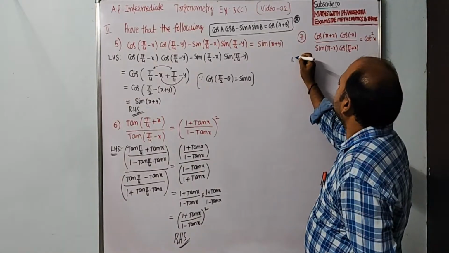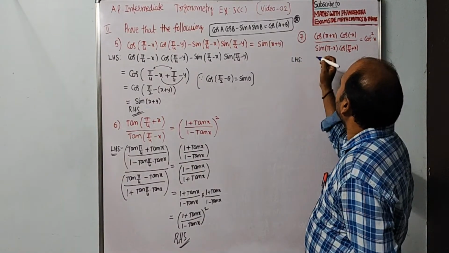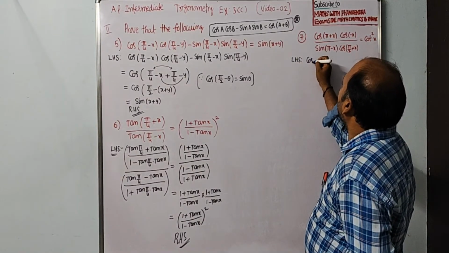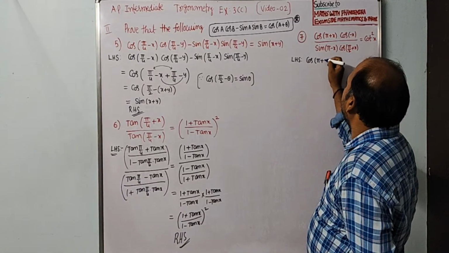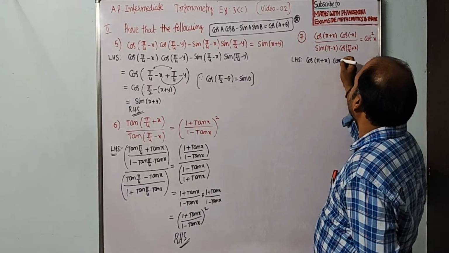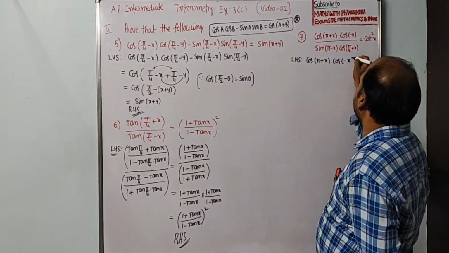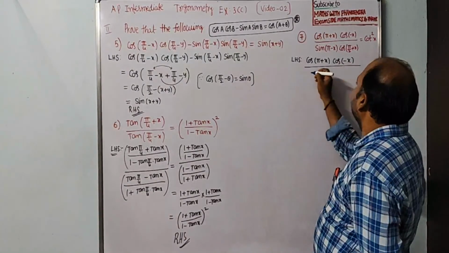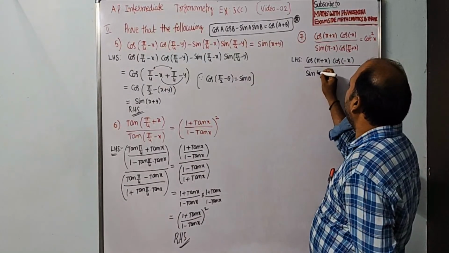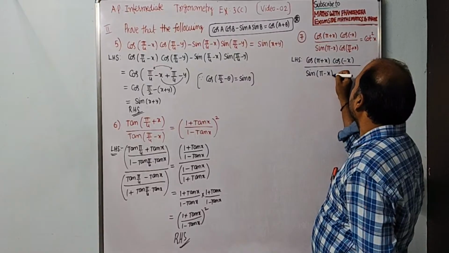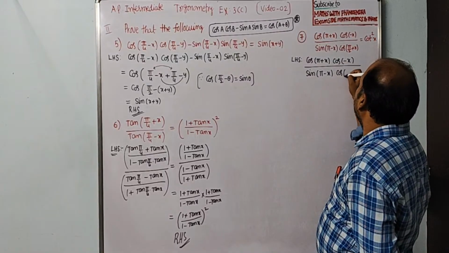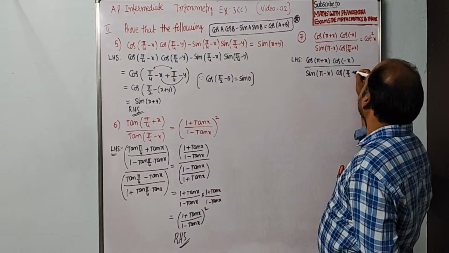In this question number 7, LHS, cos of pi plus x, first you have to write it, is cos of minus x divided by sine of pi minus x into cos of pi by 2 plus x.